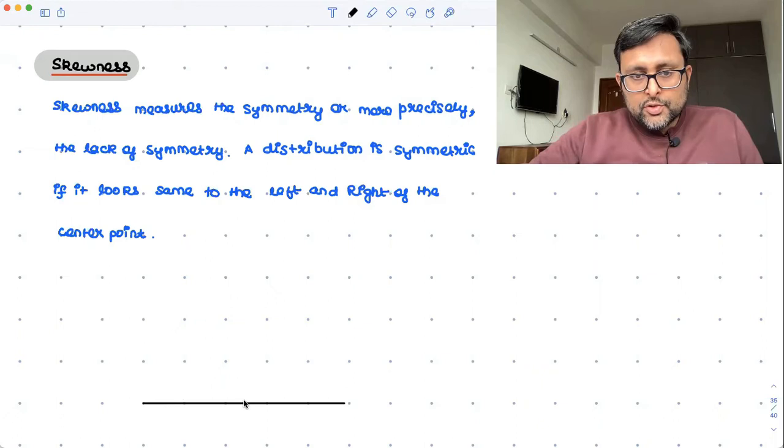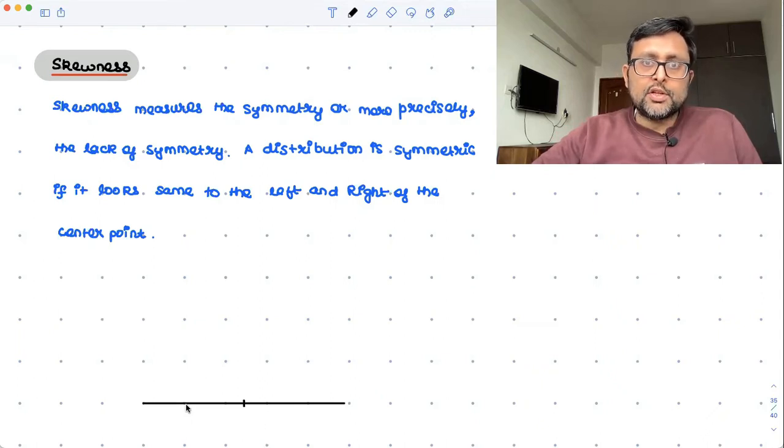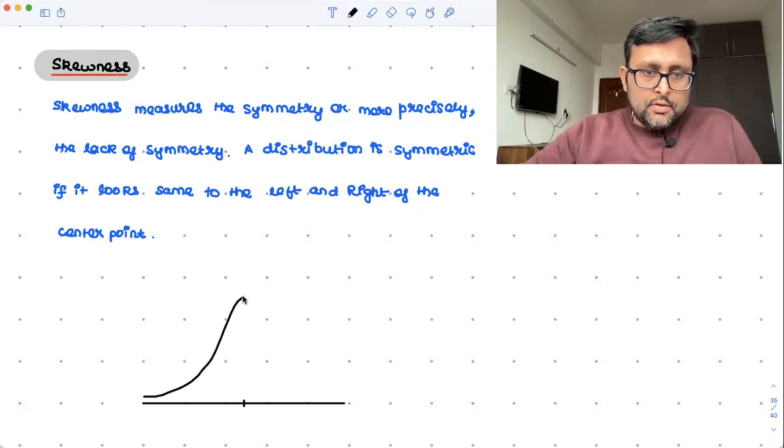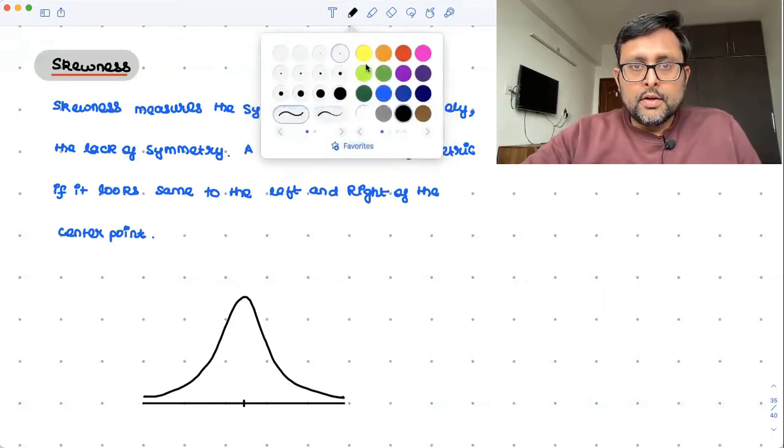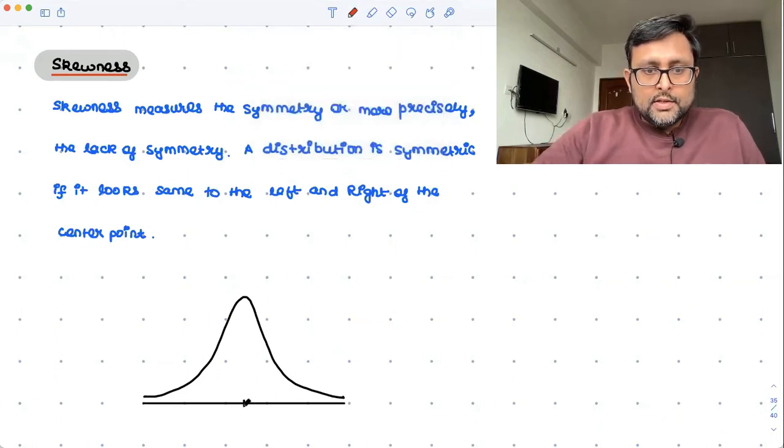So in normal distribution, your mean, median, mode are going to coincide, and 50% of the values will be to the left of the central point, and 50% of the values will be to the right of the central point. So you have a curve like this, right?